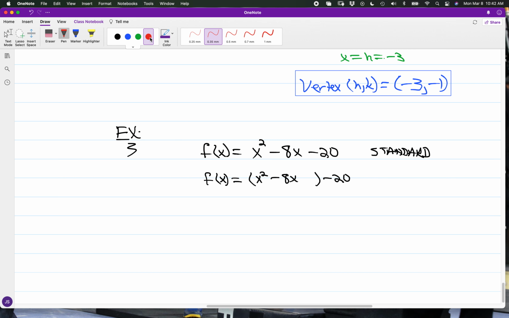Now, in the crossover to what's referred to as complete the square, we use CTS, shorthand for complete the square, not the Cadillac model. Again, whatever's next to the first order variable, I'm going to take half of that and square. So negative 8 halves is negative 4. And negative 4 squared is equal to 16.